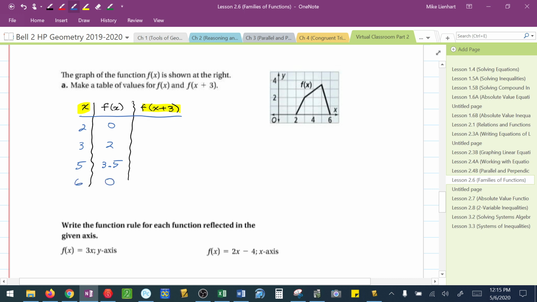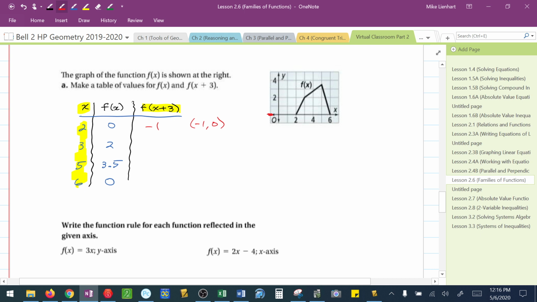Okay. If I'm going to move this left 3, remember, these are the numbers that are going to change. All right? So I would have -1, 0 as my next point. So what happened was this point 2, 0 moved over here to the left to -1, 0.